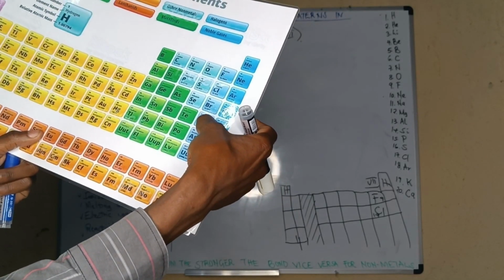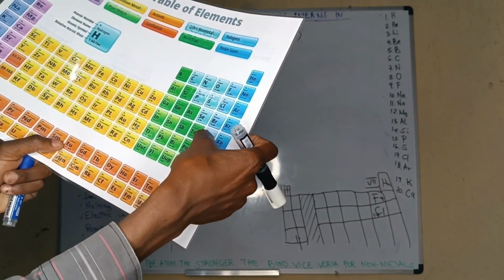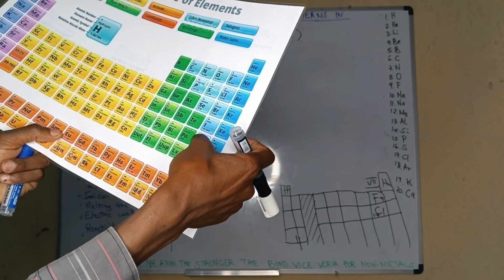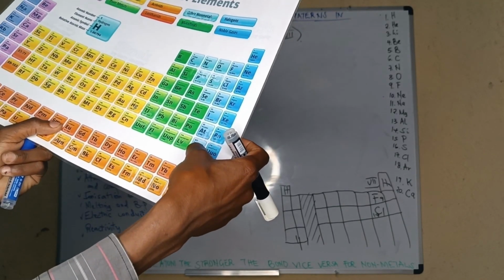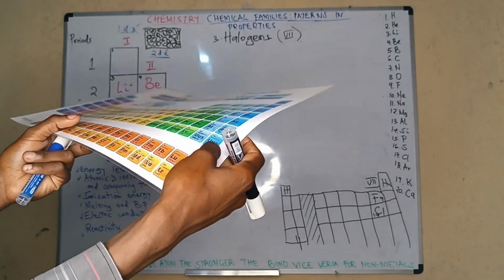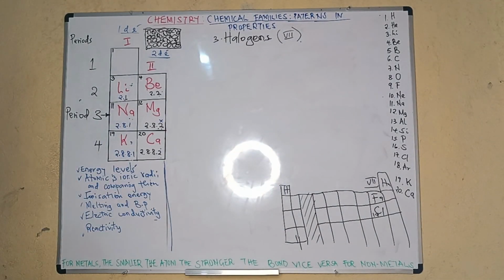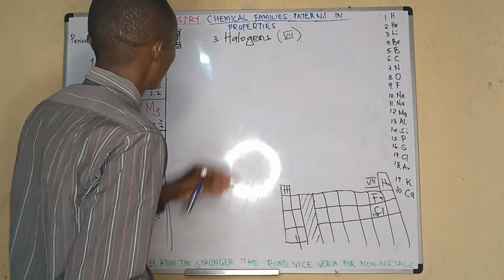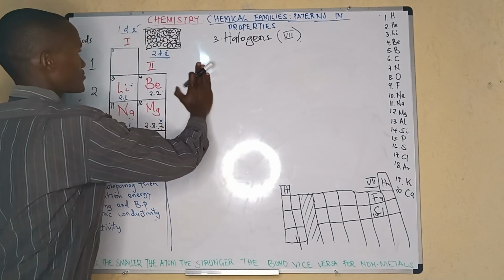Bromine, iodine, atomic number 53, astatine, and another one here. Its symbol is UUS. Okay, these are halogens.